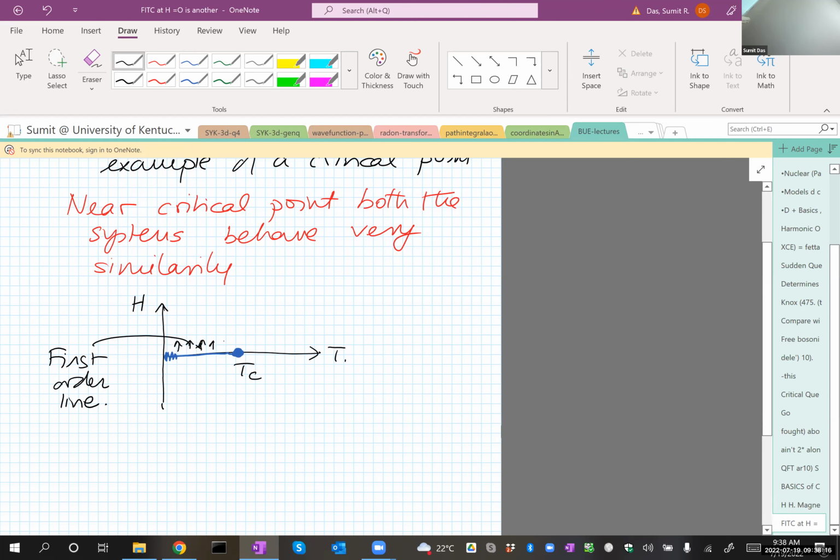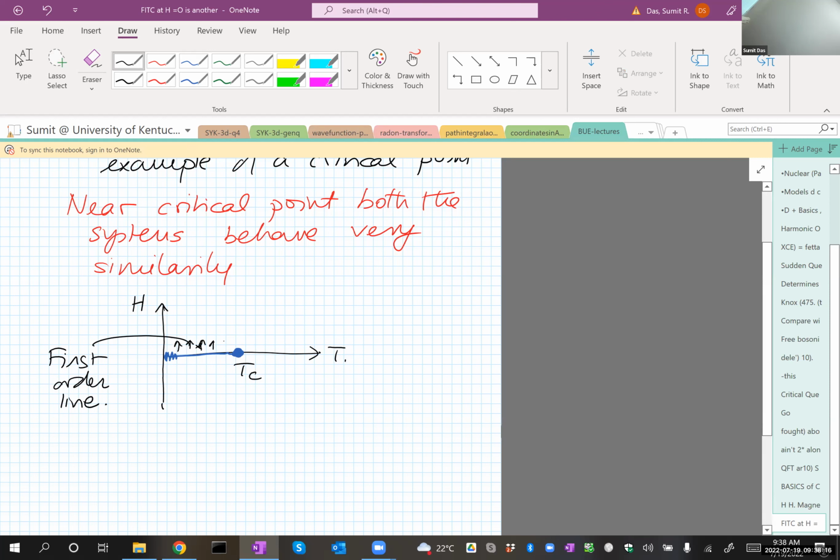Now, this is something which has a symmetry under m going to minus m. And that symmetry can be present only if the external magnetic field is 0.